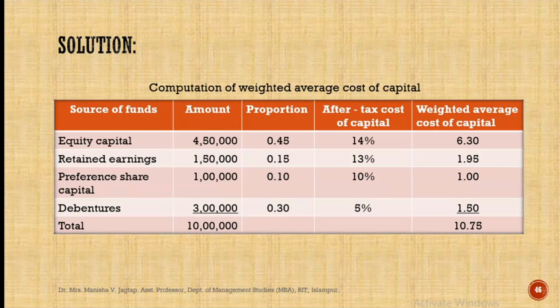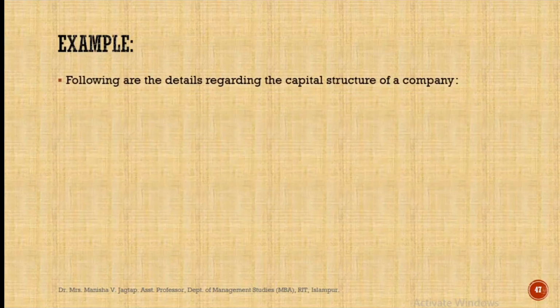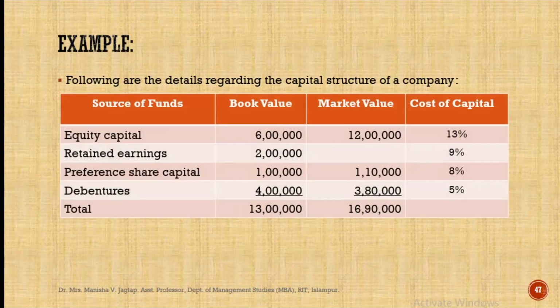Now, for better understanding, we will see another example. Following are the details regarding the capital structure of a company. And this is the information given to us. You can see here one more additional column is given in this particular example. So let us see what the columns are. First is sources of funds. Next is book value.